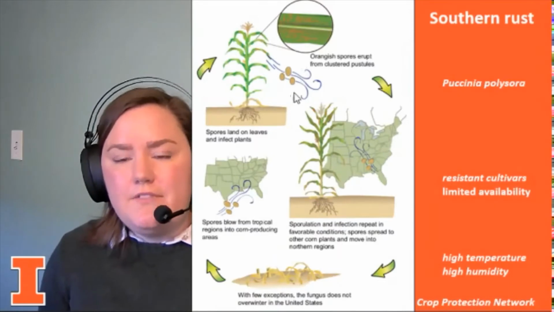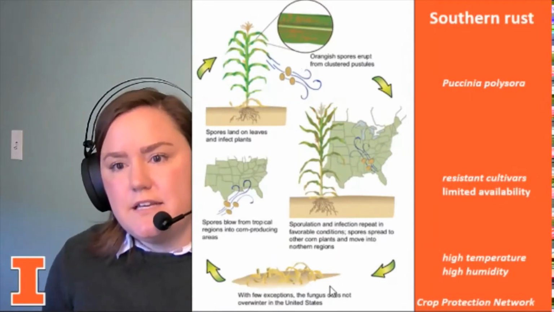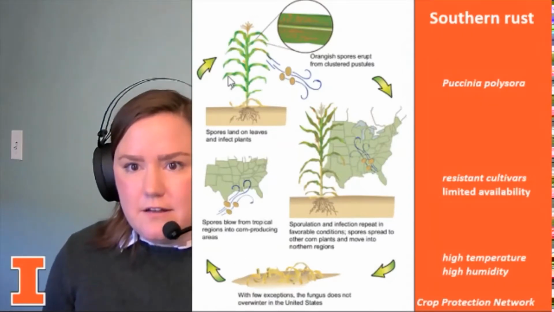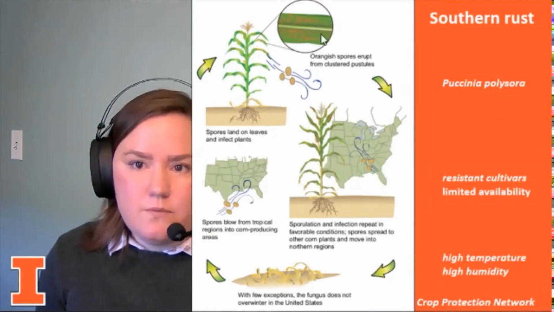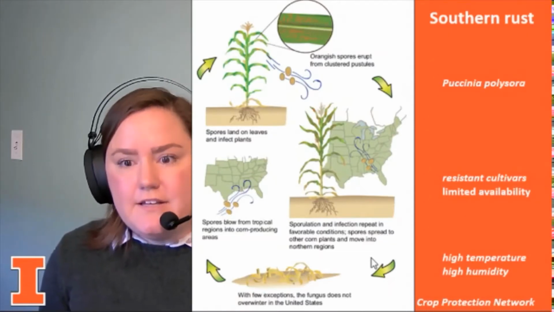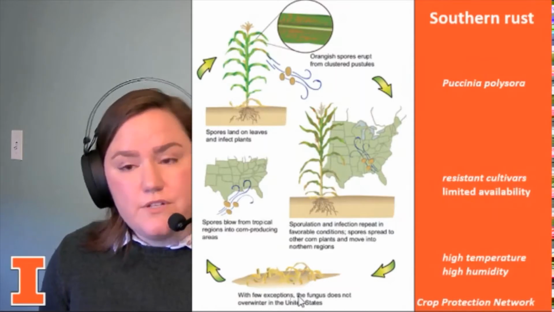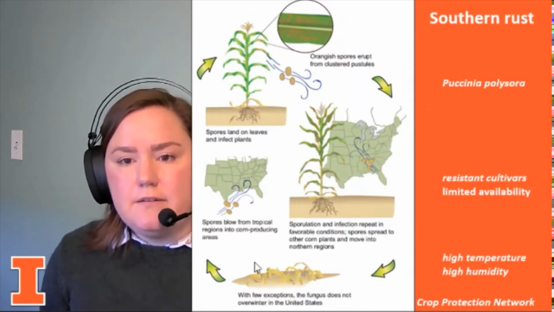So I thought it would be important to show you how disease cycles can help remind us of when and where a disease might be problematic. So for southern rust, as I mentioned, this fungus generally does not overwinter in the United States.